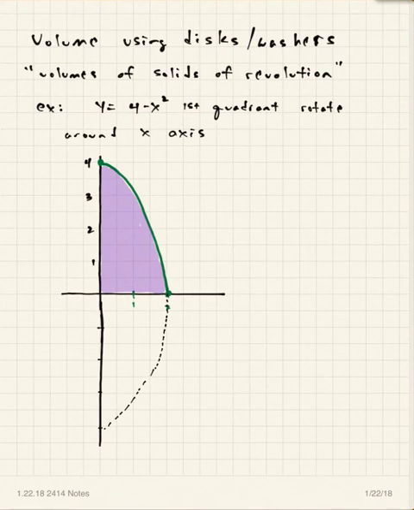We're going to rotate that around the x-axis. When we rotate that around the x-axis, you're generating this solid. It's kind of like a Hershey's Kiss that's been melted a little bit, also kind of on its side.